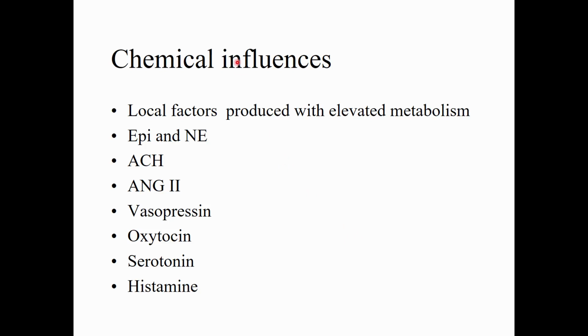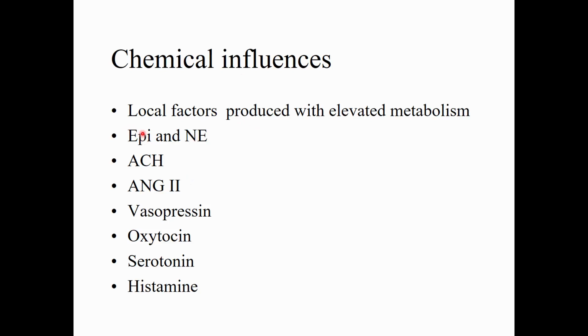There are all sorts of chemical influences that influence smooth muscle. Lots of vascular smooth muscle is influenced by local factors: buildup of CO2, using up oxygen, nitric oxide, buildup of potassium. Adenosine is a very important one. So all kinds of local factors we associate with increased metabolism. Epinephrine and norepinephrine.